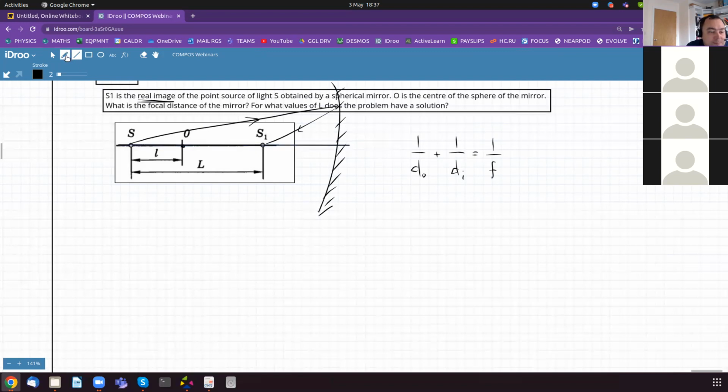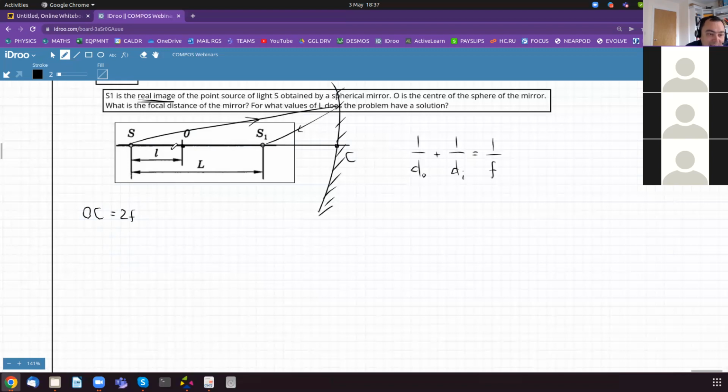O is the center point of the mirror. So that means, and this is clear in the assignment, that OC is equal to 2F. What other distances are we interested in?